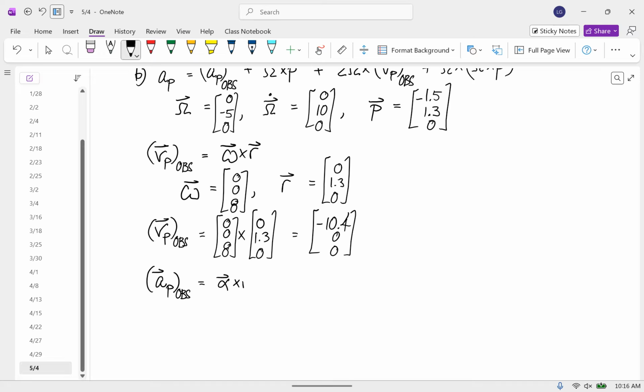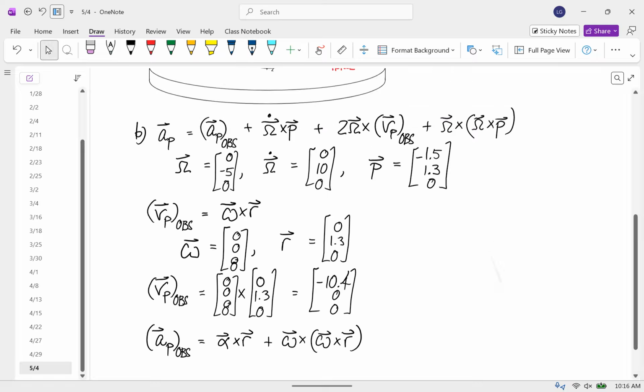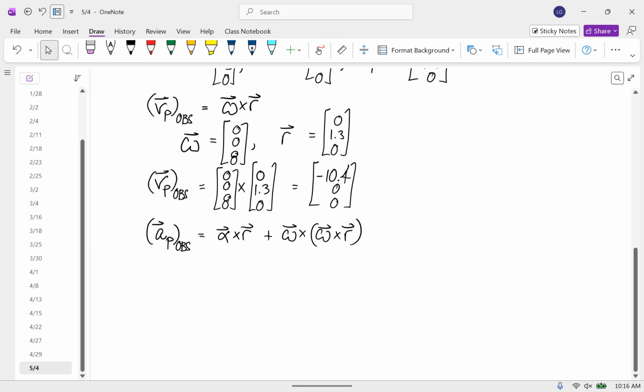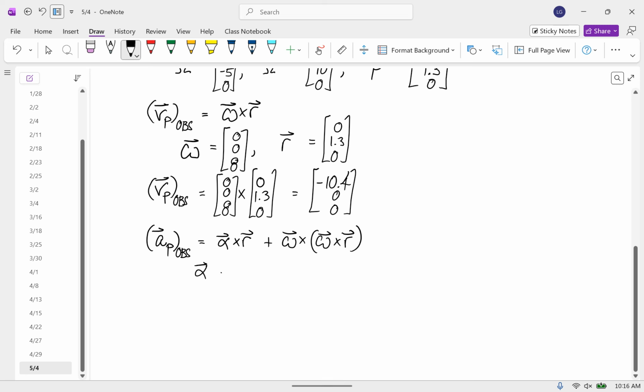All ripe watermelons will rot. And this body, the arm, has a constant angular velocity, so alpha is 0. We already know what omega and r are.